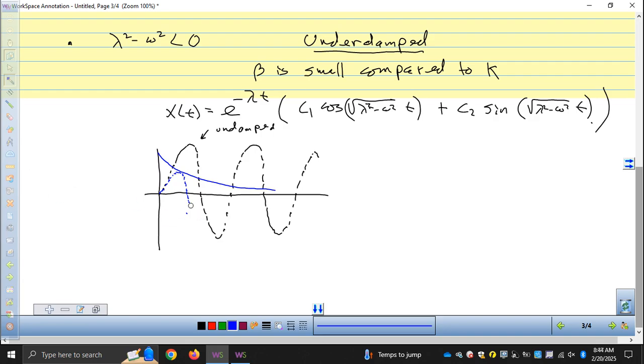Let me undo that. I want to make a better drawing. So this would be underdamped. And then critically damped would look something like this.